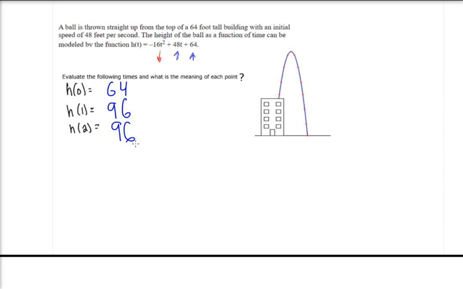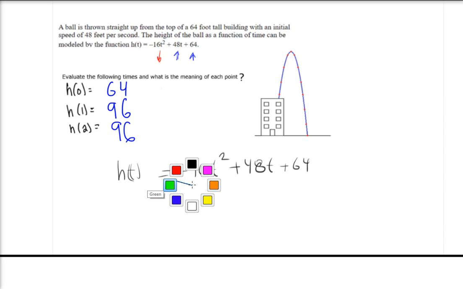Okay, so let's see. What is the height at 0? The height of h of 0 is, let's see. We're going to use this function. Everywhere we see a t, we're going to replace it with the number 0. So negative 16 times t squared plus 48 times t, and then plus the initial height, 64.